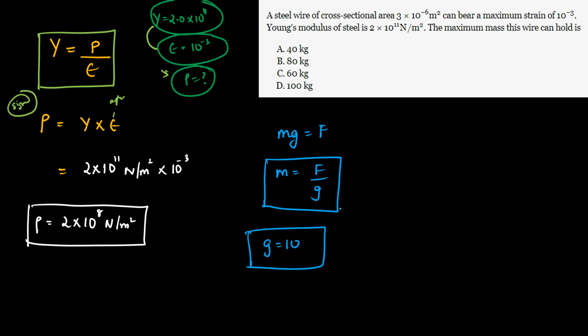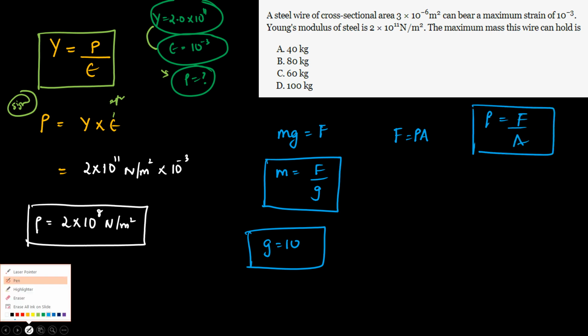Now, how do I find out the value of F? It is going to be stress multiplied by your area, because stress is F divided by A, right? I hope you're getting it.